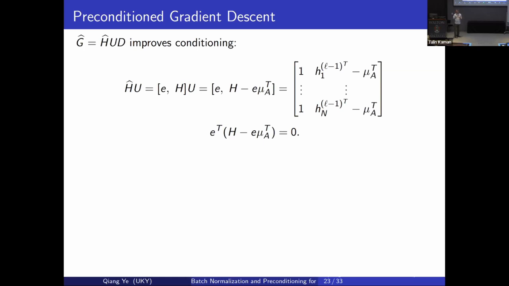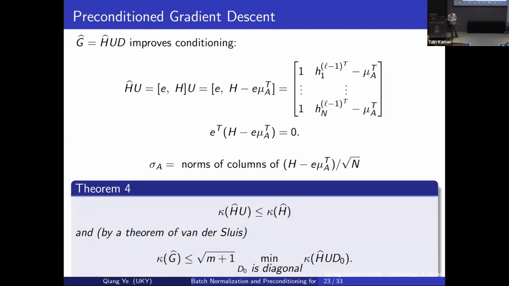We know that if we make it more orthogonal, the condition number should be better, and we can actually prove that. After that, sigma A is the standard deviations. The standard deviation turns out to be a vector here, because each hj is a vector. Each entry is just the norm of the columns of the matrix H minus E mu A transpose, normalized. So in terms of this matrix, the columns are divided by square root of n.